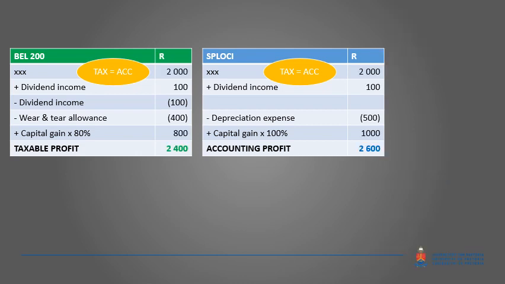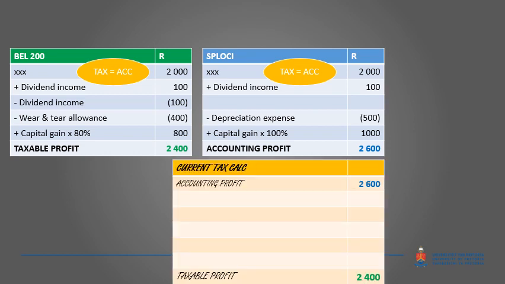So if we now put amounts to these calculations, what we do in practice, and what you are going to do in FRK 300, is we are going to start with our accounting profit and then make some adjustments to that to get to our taxable profit.